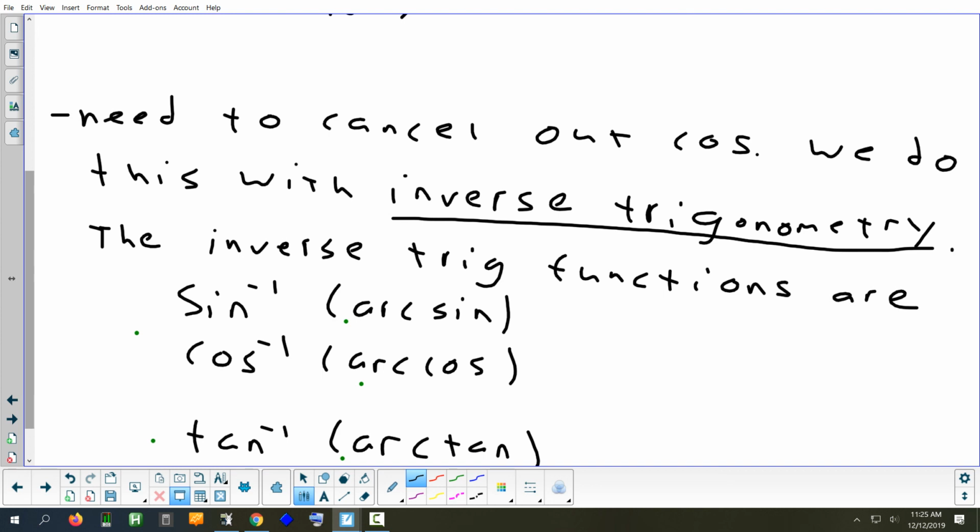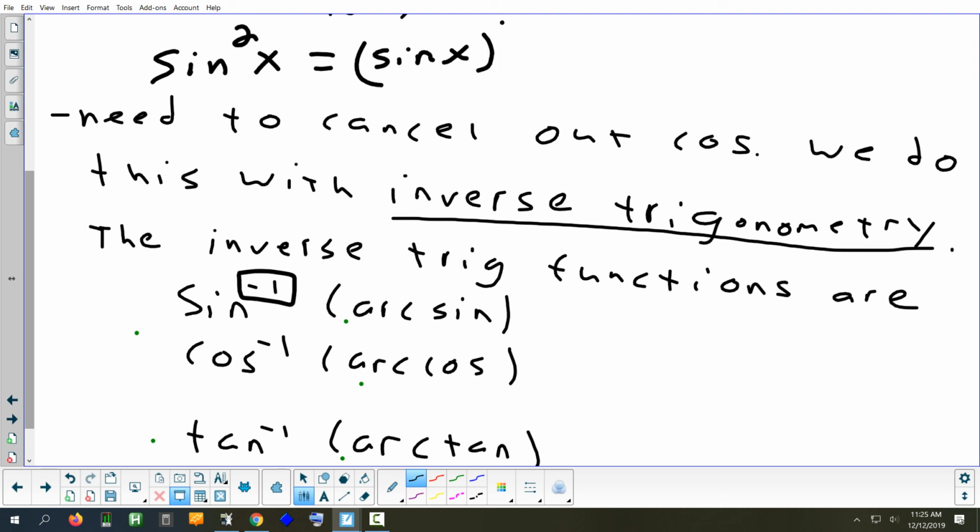Now, what's a little confusing about this notation is this number. That number is a little higher than the word sine. Usually when you put a number higher, it's an exponent. That's not an exponent. That -1 is just a symbol that means inverse. Now, to make it even more confusing, if you put a 2 there, that is an exponent. Sine squared x really means this.